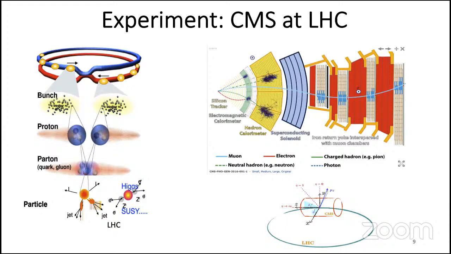This cartoon of CMS is like an onion with several layers capable of detecting different kinds of particles: muons, electrons, charged hadrons, neutral hadrons, and photons. The innermost part of the detector is the tracker, which detects charged particles, then the calorimeters, and the gas chambers to detect muons.